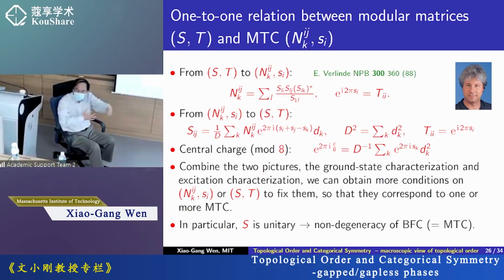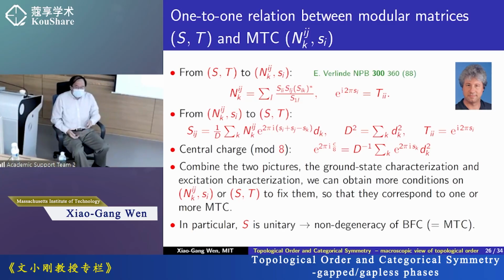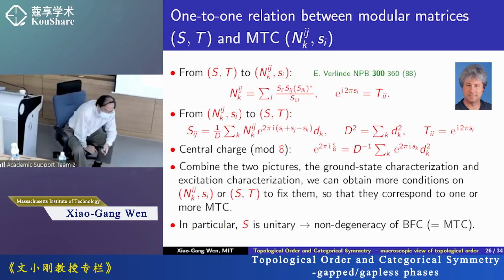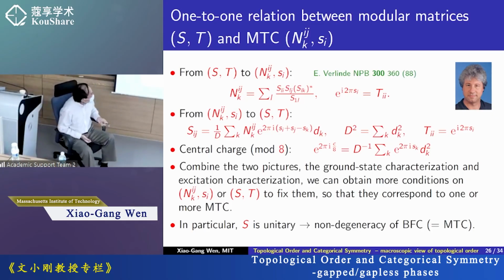So there are a lot of relations. Because there are a lot of relations, and also we have a lot of consistency conditions for this N, F, and R, those conditions can be translated into conditions on the S matrix and the T matrix. So this way, using modular tensor category theory, we obtain a lot of additional conditions on the ST matrix that we didn't know before.